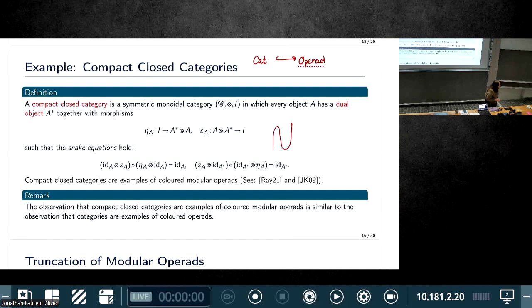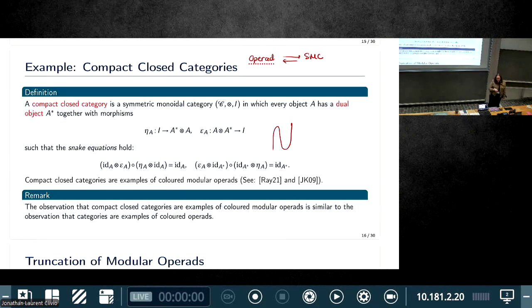It's more like symmetric monoidal categories as operads. Yeah, sorry, that's not quite the right thing. Thank you, Ren. So every operad generates a symmetric monoidal category, and you can go both ways.